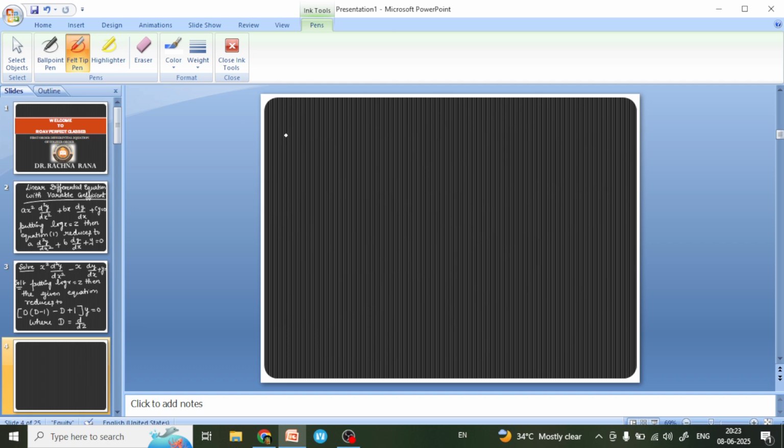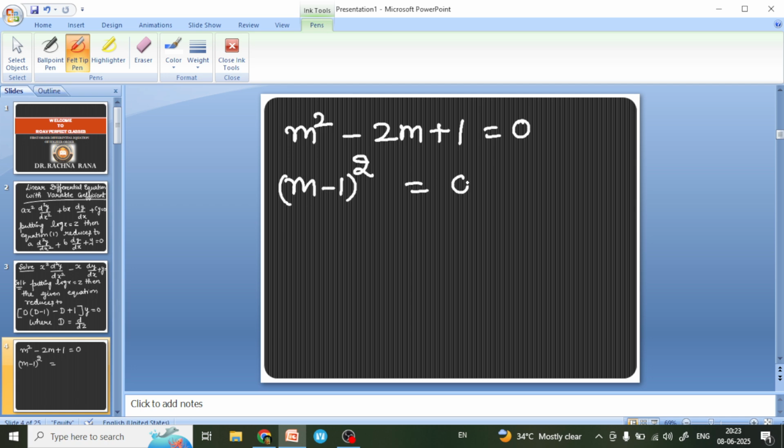And the second equation, you can write like this: m square minus 2m plus 1 equal to 0. M minus 1 whole square is equal to 0, because this formula is a square minus 2ab plus b square, which is equal to a minus b whole square.